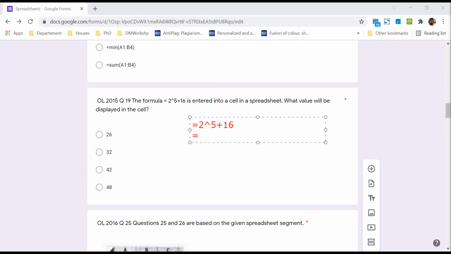Yes, 2 into 2 into 2, that is 4, 8, 16 and 32, right? So this should be 32 plus 16. Right? Okay. So 32 plus 16, the answer should be 48.